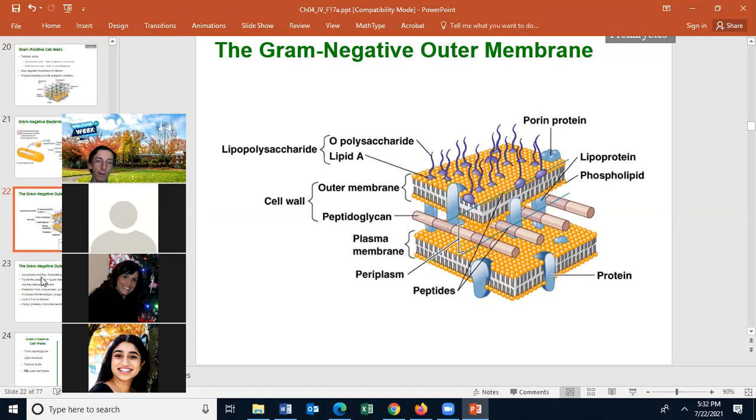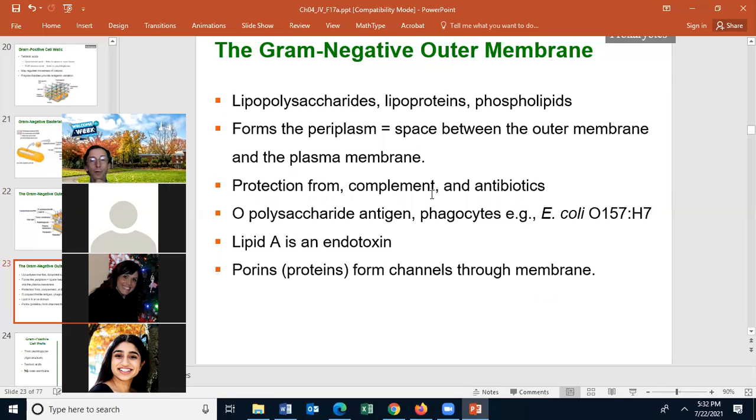If you don't know, antibodies are a protein that our bodies make for defense, and the important part for a gram-negative cell is if they have the outer membrane, that outer membrane can help protect them from complement proteins, which are involved in our defense, and from antibiotic.